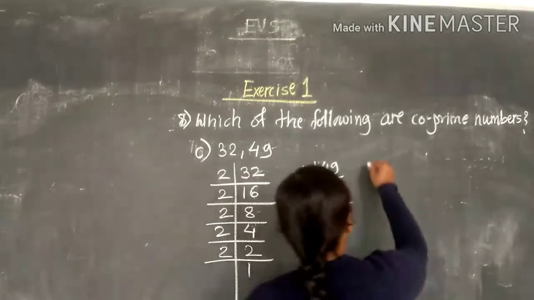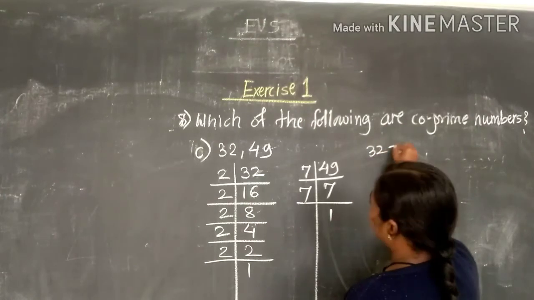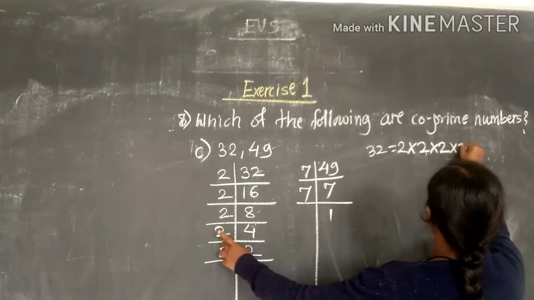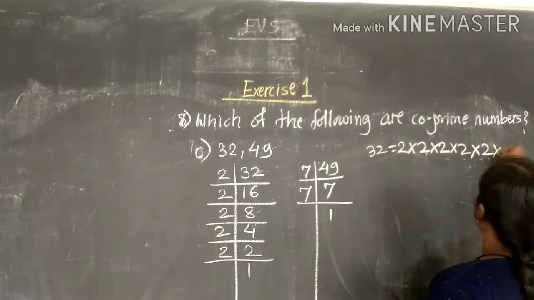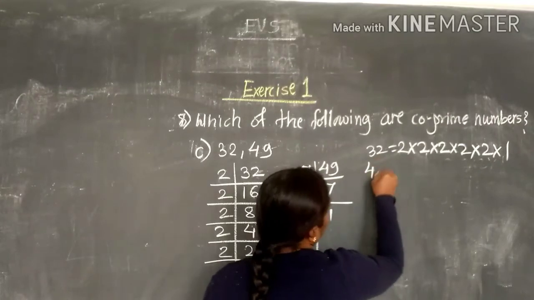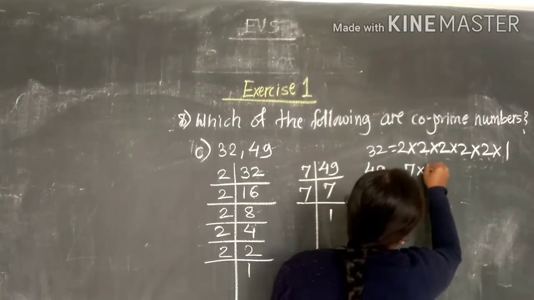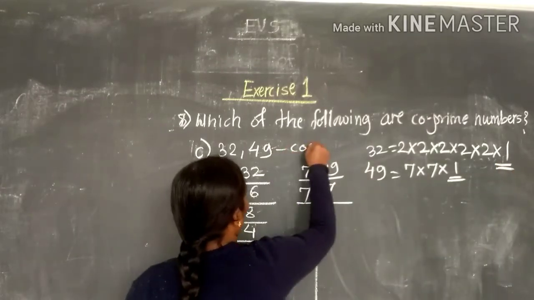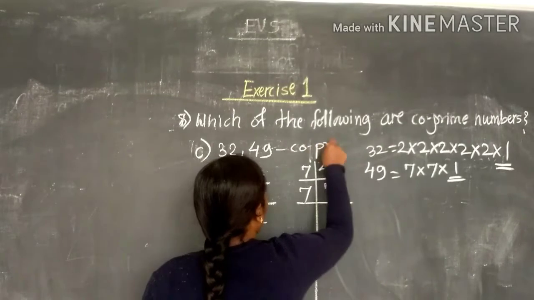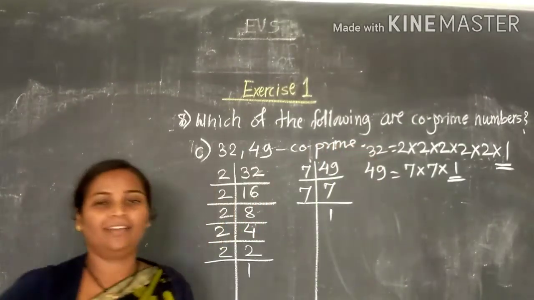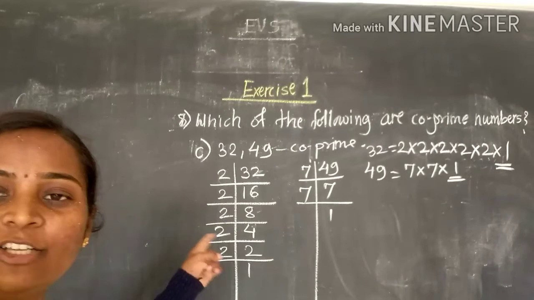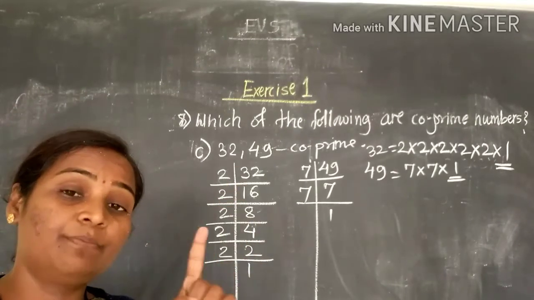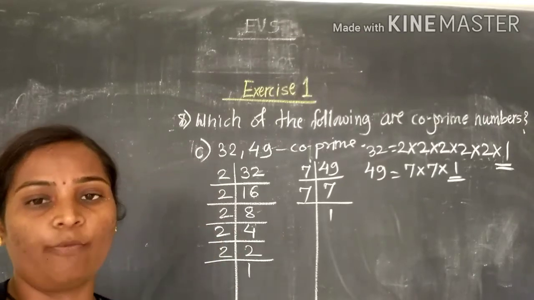We write the prime factors: for 32, 2 into 2 into 2 into 2 into 2 into 1; for 49, 7 into 7 into 1. Here 1 is the only common factor, so these are co-prime numbers. In this way you have to find out. There must be only 1 as the common factor.